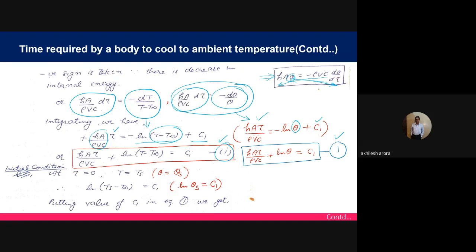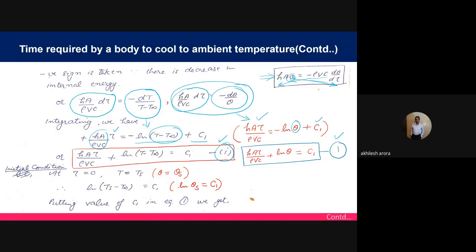So we want to calculate the value of this one constant c1. So how to calculate? See, in the earlier cases, we were considering the boundary conditions, and the boundary conditions were related to the space coordinates, like at this particular value of x, the value of T is equal to Tw, or at x equal to 0, T is equal to the center line temperature.